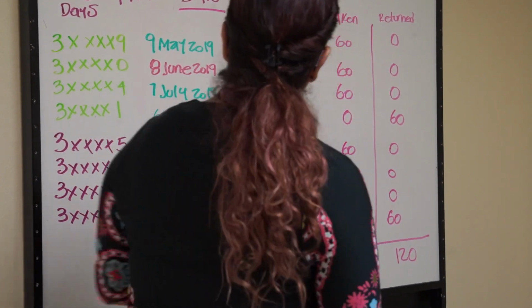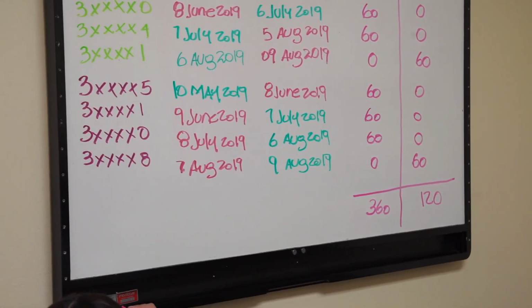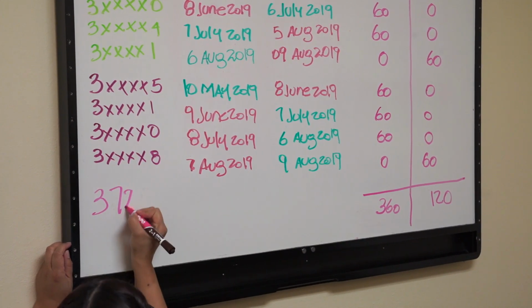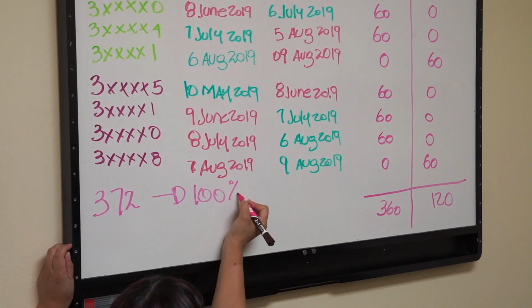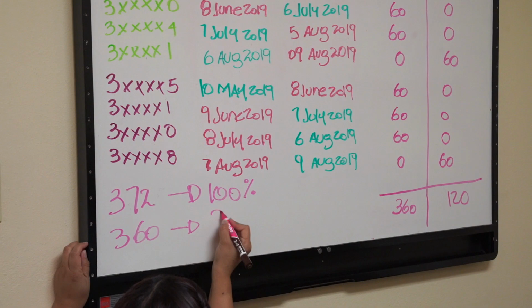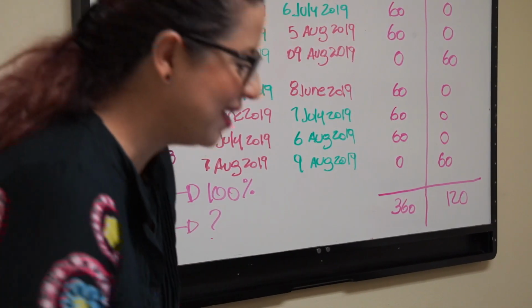So if the patient took 360, that means if 372 should be is 100%, how much is 360? Right, so we do the math.